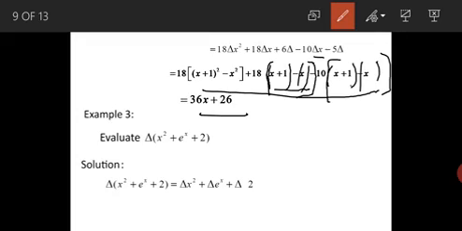Similarly, we will see another example. So solve for this. The data has been given, right? Now you can see here, delta times x square plus e to the power of x plus 2.